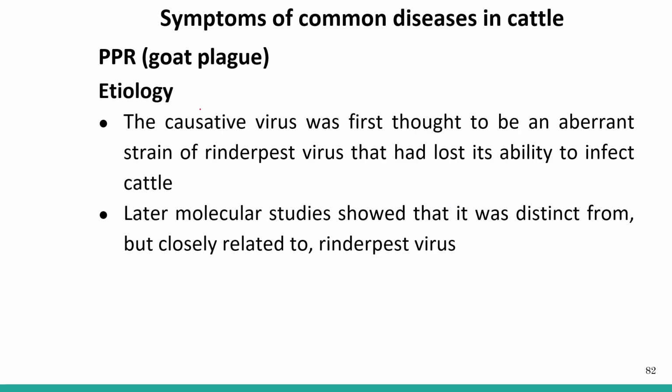Now the etiology of this disease. The causative virus was first thought to be an aberrant strain of the rinderpest virus. Earlier it was thought that another strain of the rinderpest virus caused the disease in goats, one that had lost its ability to infect cattle.